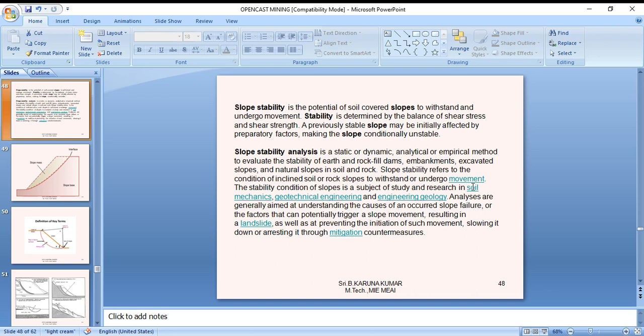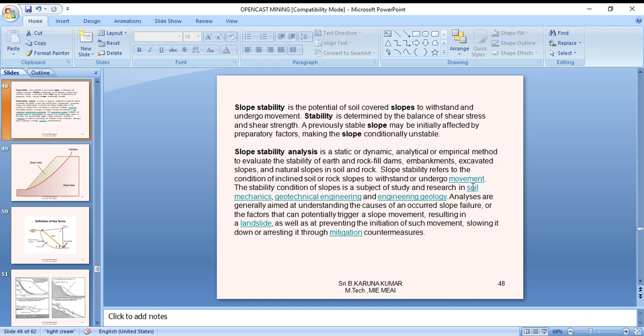Slope stability analysis is a static or dynamic, analytical or empirical method to evaluate the stability of earth and rock-fill dam embankments, excavated slopes, and natural slopes in soil and rock. Slope stability refers to the condition of inclined soil or rock slopes to withstand movement.